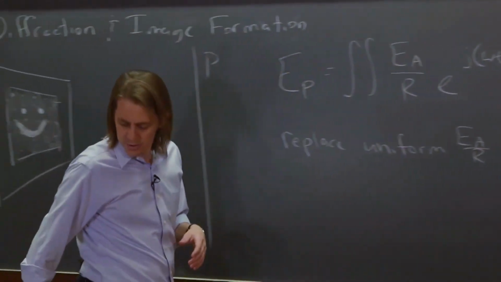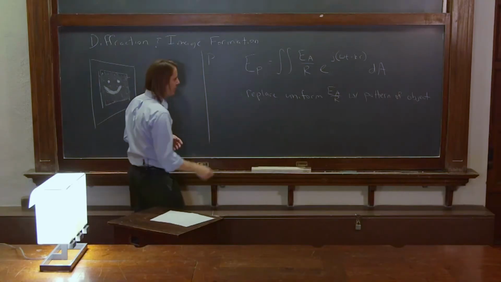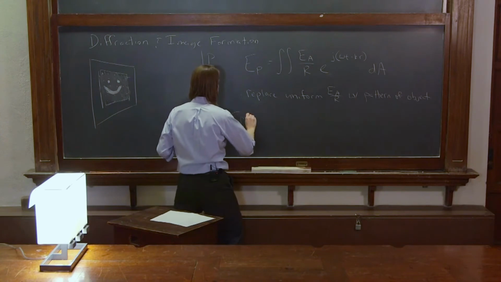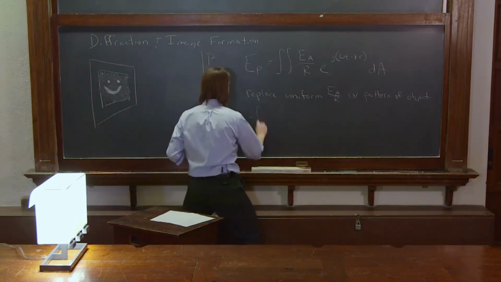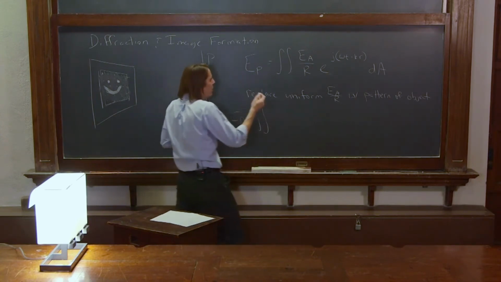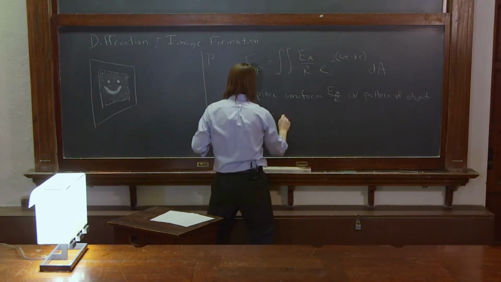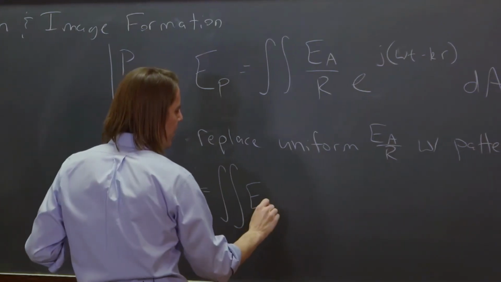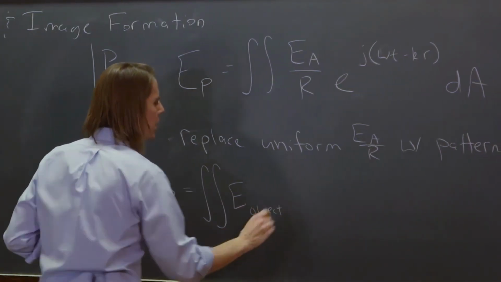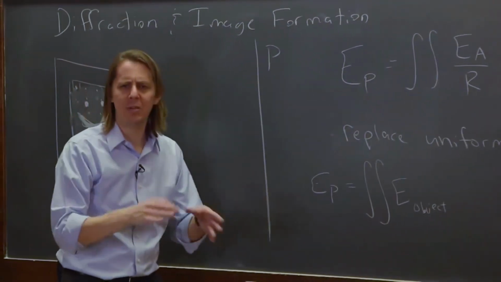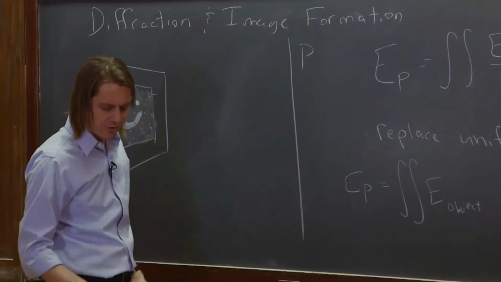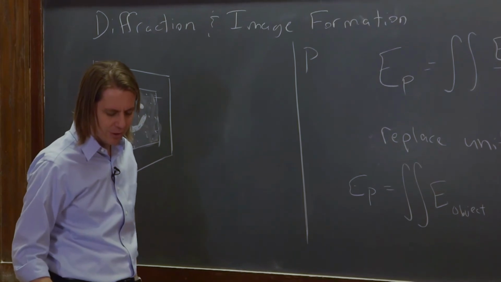So E at P would be some integral of, let's just replace this whole thing and call it E of the object. Let's not worry about it being a spherical wave with the R's and all that for right now.